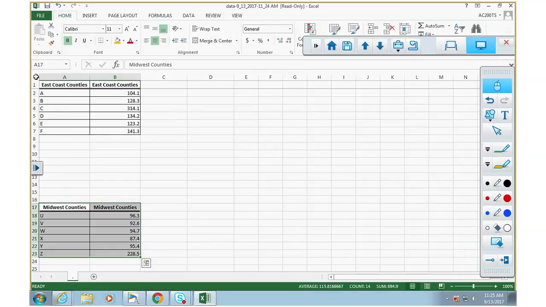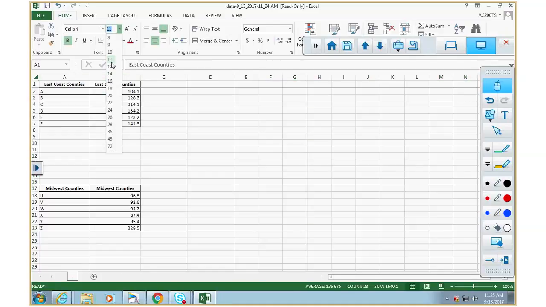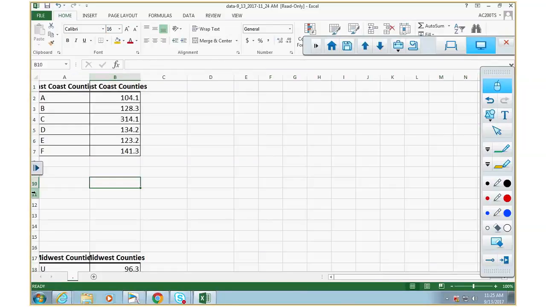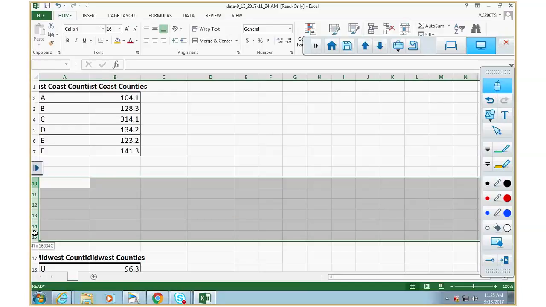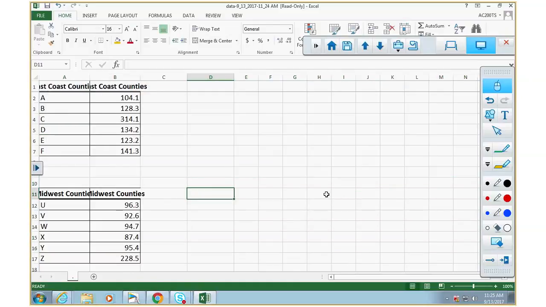Make it a little bit bigger so y'all can see. All right, copy those down.